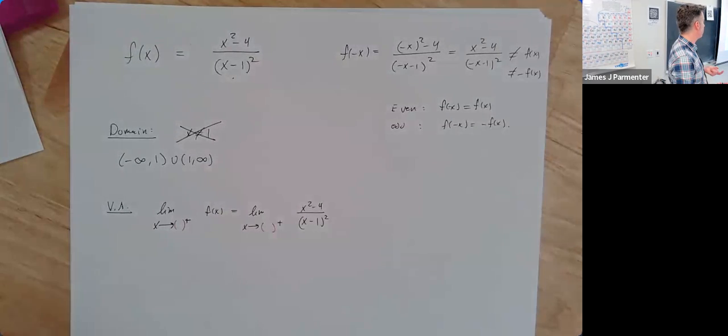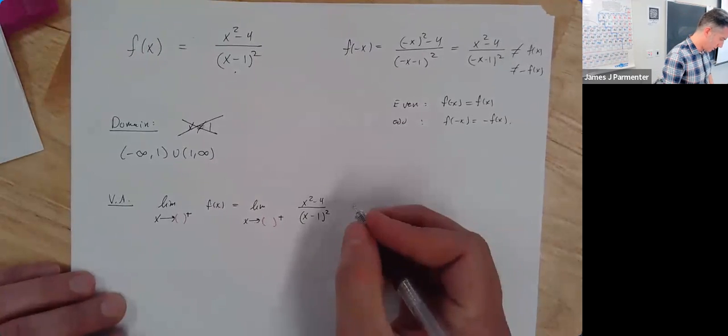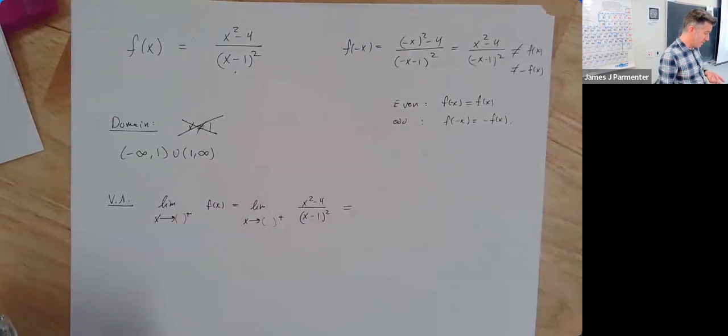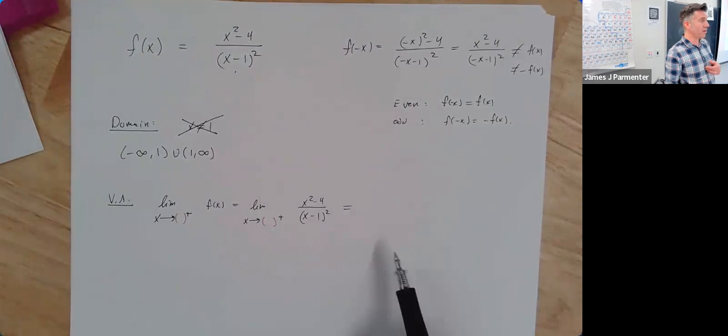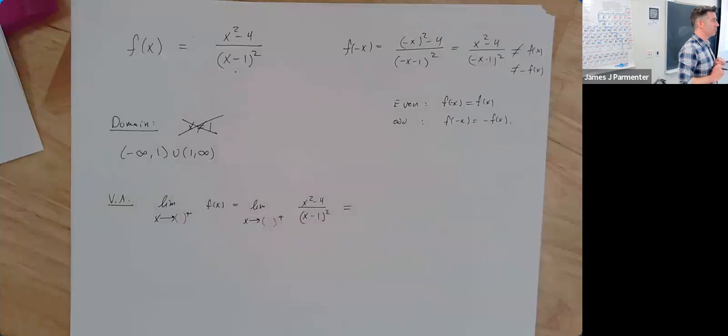Here's a big hint: it's supposed to equal something. When you're finding the vertical asymptotes, this limit should end up equaling one of two types of things. What's one of the choices? Infinity. What's the other choice? Negative infinity. Those are the only things a vertical asymptote limit should end up equaling.